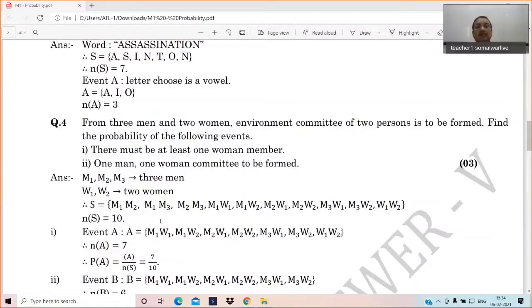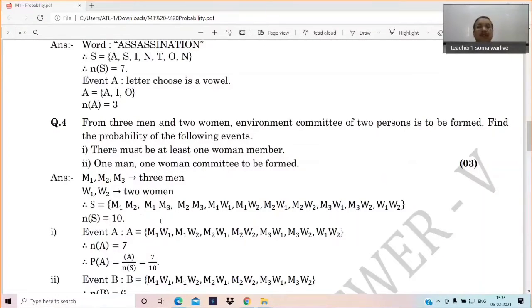These are: with M1, the combinations are M1 M2, M1 M3, M2 M3, M1 W1, M1 W2, M2 W1, M2 W2, M3 W1, M3 W2 and W1 W2, like that. So total number of outcomes are here 10. So total possibilities are 10.